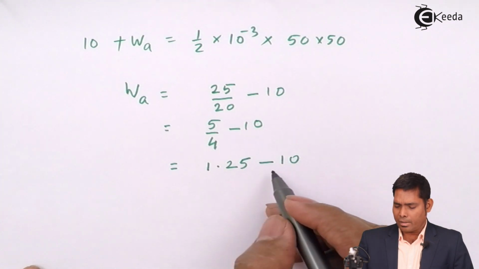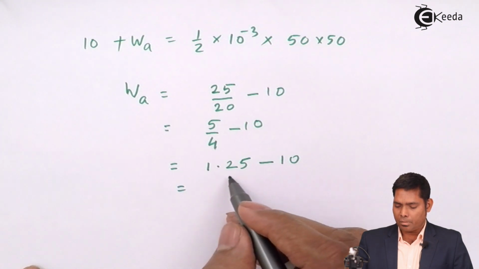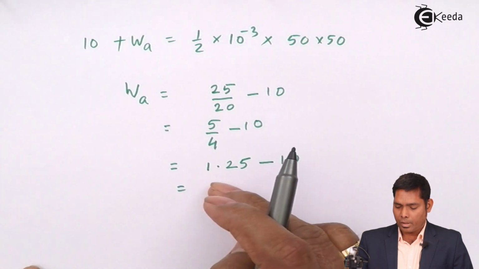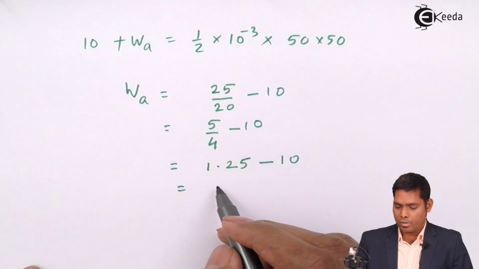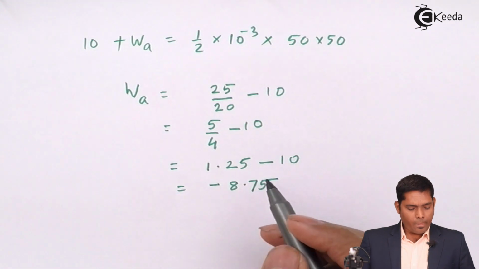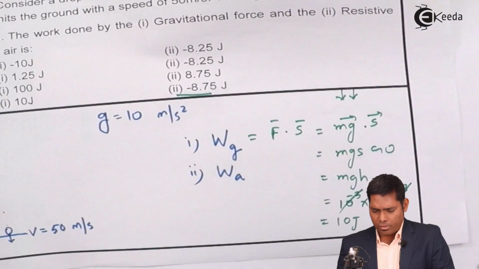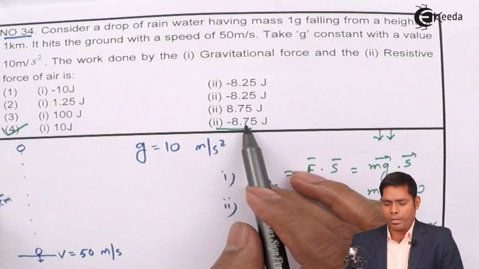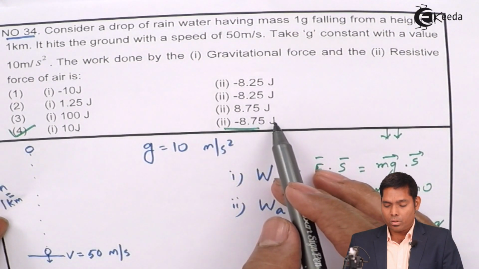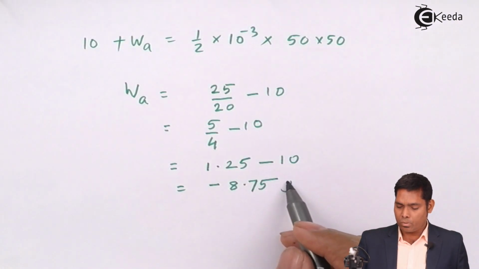You can see that this is negative because this is larger than this number. This comes out to be minus 8.75. And we have seen earlier also, it was minus 8.75 joule. This much negative work is done by air resistance, so this many joules.